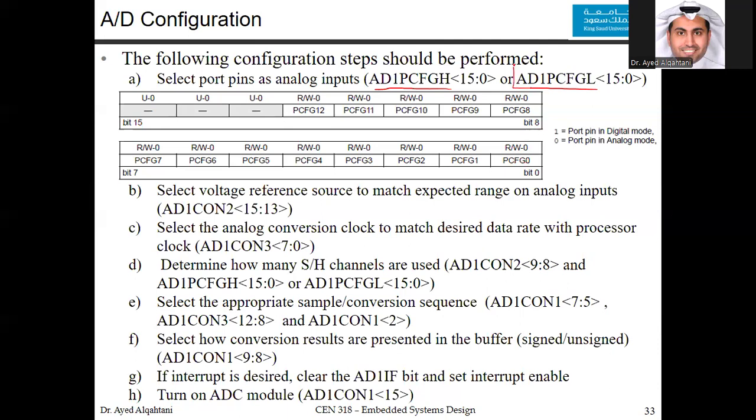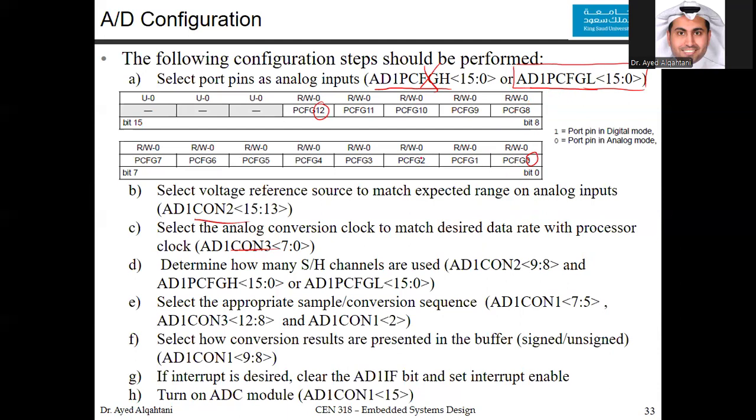We use only this one for the big 24, since we have from BCFG 0 all the way to 12 and nothing more, so we don't use this one. And other than that, you just need to configure control register number 2, 3.